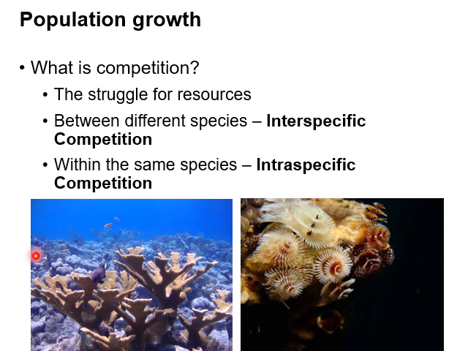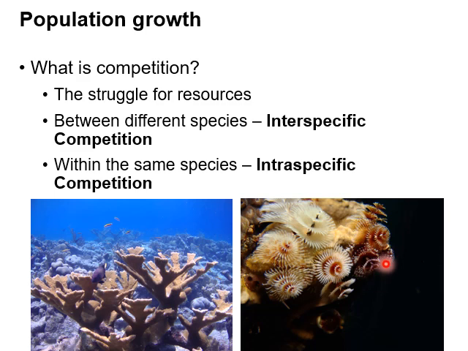What you see here is a coral reef, and there are various types of coral, different coral species living on that reef. Those different coral species are competing for a place on the seafloor to grow. So this is interspecific competition.